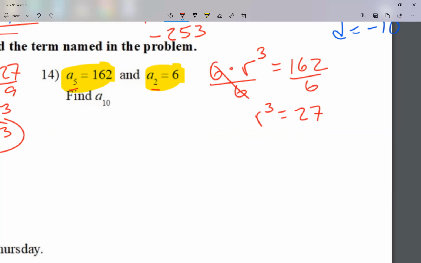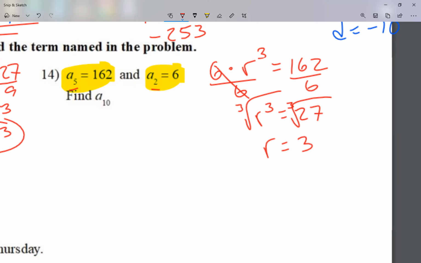It's not 27 divided by 3. I'm asking which number multiplied by itself 3 times. If you know how to use your calculator, use the cube root. So I'm going to say 3. So my rate in this case is 3.